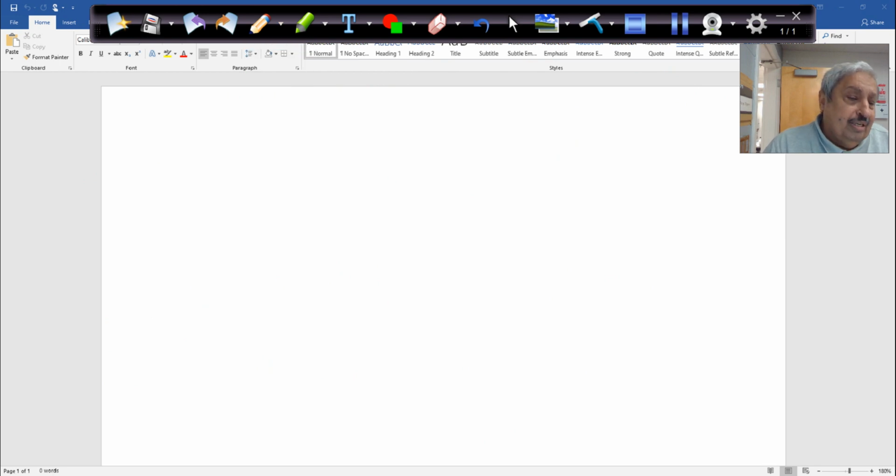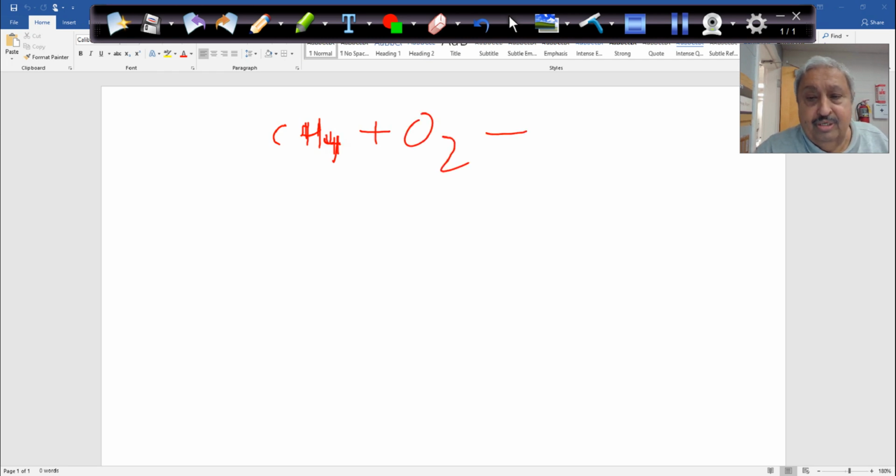Now we have single displacement or replacement, double displacement or replacement, combination or called synthesis, then we have decomposition, and combustion, correct? Now, if I give you the equation CH4, that's methane, plus oxygen, CO2, plus H2O. What type of reaction is this?